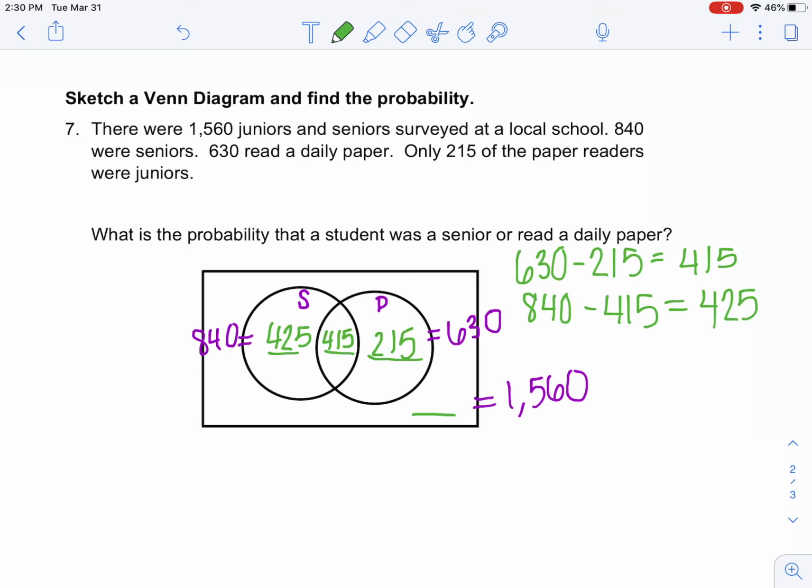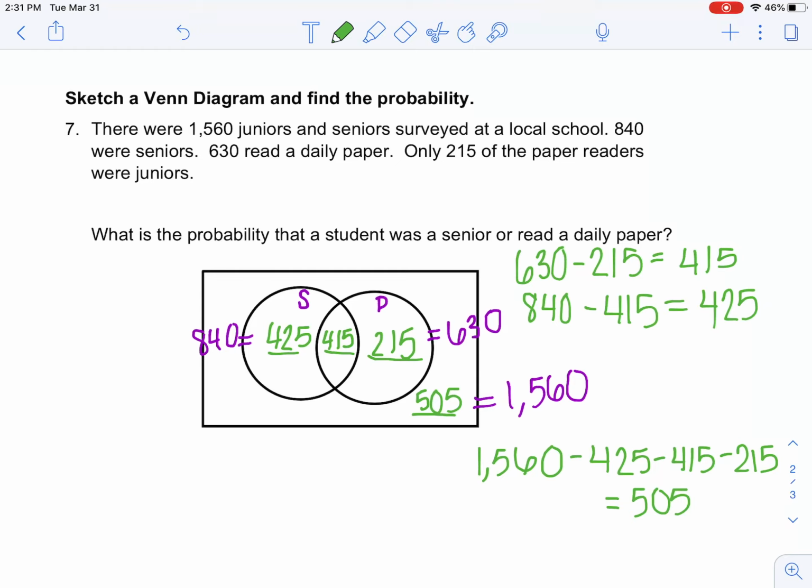So to find that, we're going to take our total, 1,560, and we'll subtract those three numbers that I have written in green in our circles. So minus 425, minus 415, minus 215, and that equals 505. So we have 505 juniors who did not read the paper.